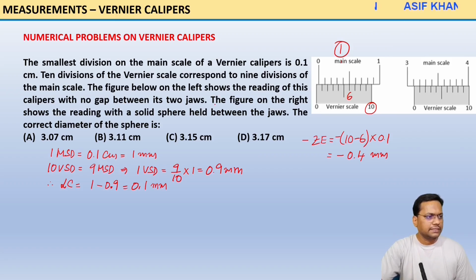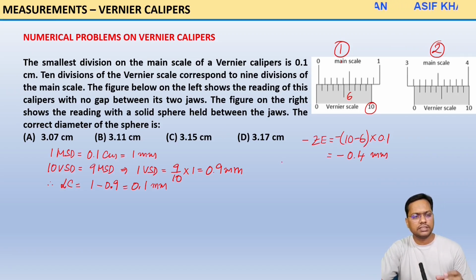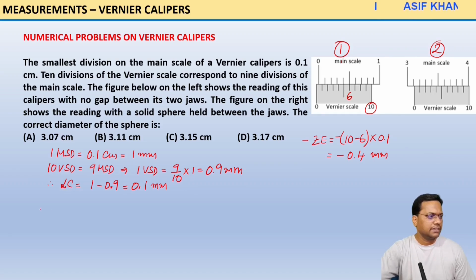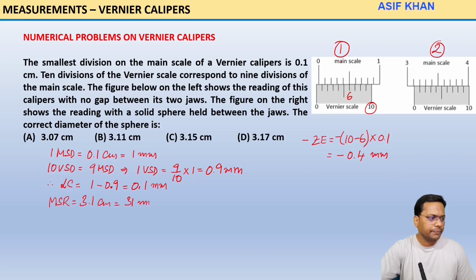Now the next step is the figure on the right, the second one. The second figure shows the reading with a solid sphere held between the jaws. The correct diameter of the sphere is, when the sphere is fixed between the two jaws, the reading is shown by the right side figure. So here from the second figure, you note down the main scale reading, that is MSR, equal to 3.1 centimeter or 31 millimeter, and the Vernier coinciding division, that is VCD.